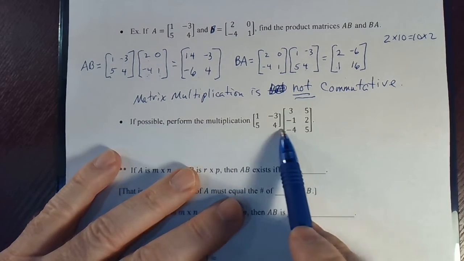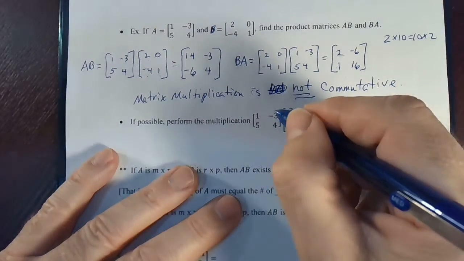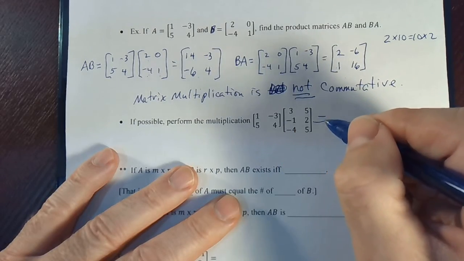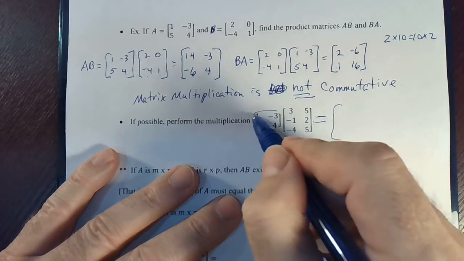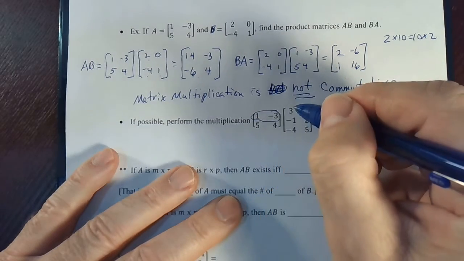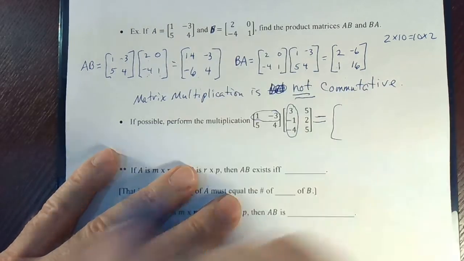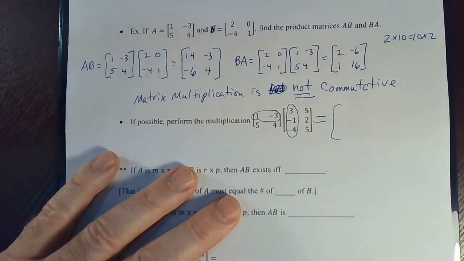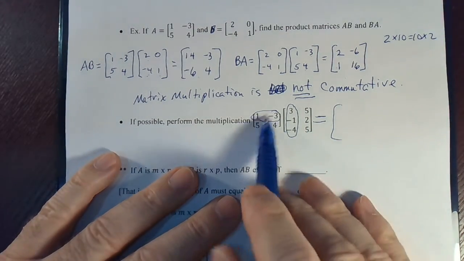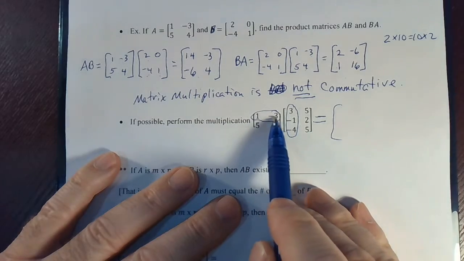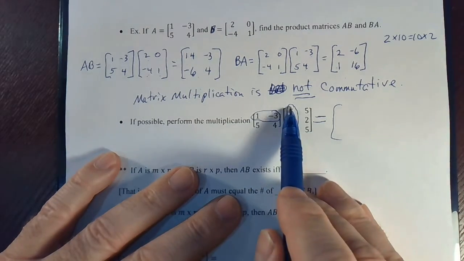Perform this multiplication. Well, let's start by saying, I don't know how big it's going to be, row 1 of the first one times column 1 of the second. Can we even do that? No, we can't. We cannot take what we sometimes call the dot product. There has to be the same number of numbers here as here.